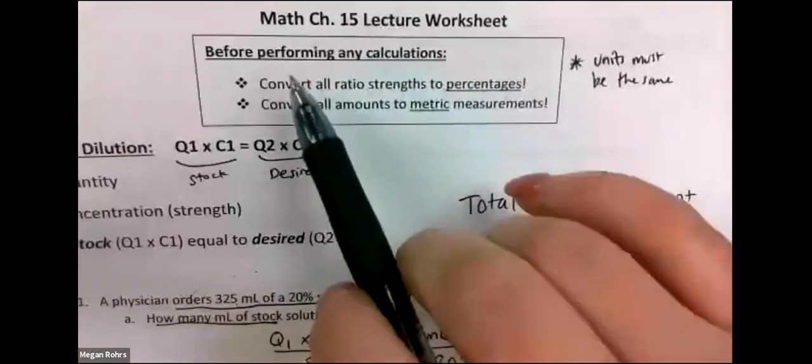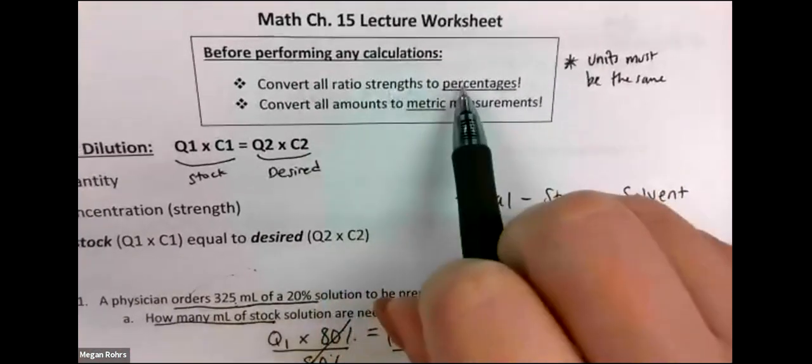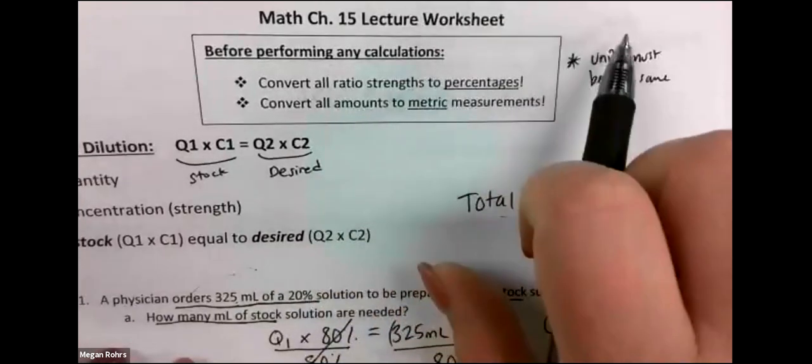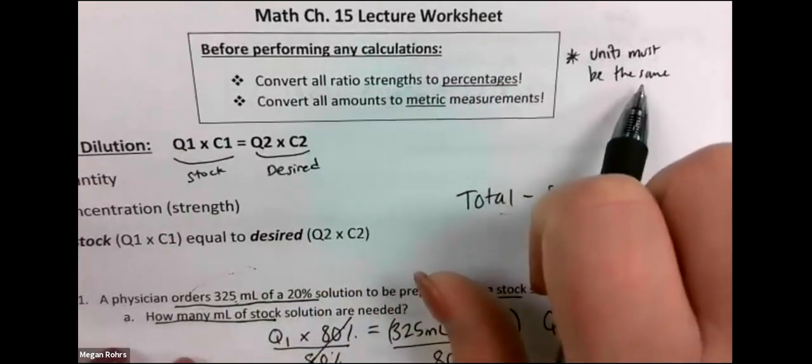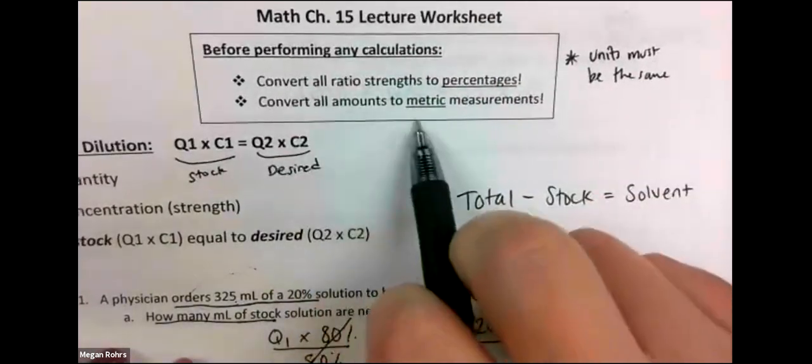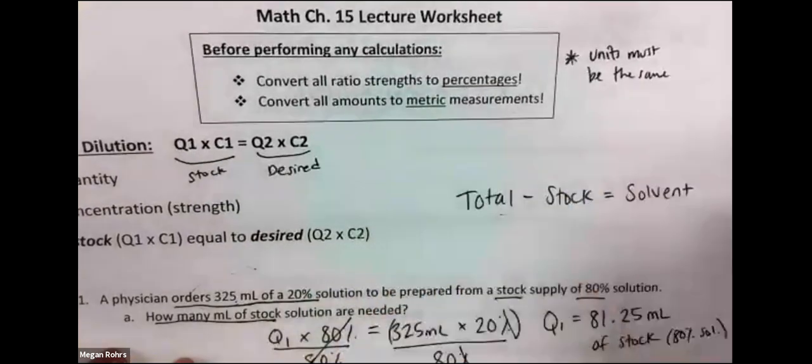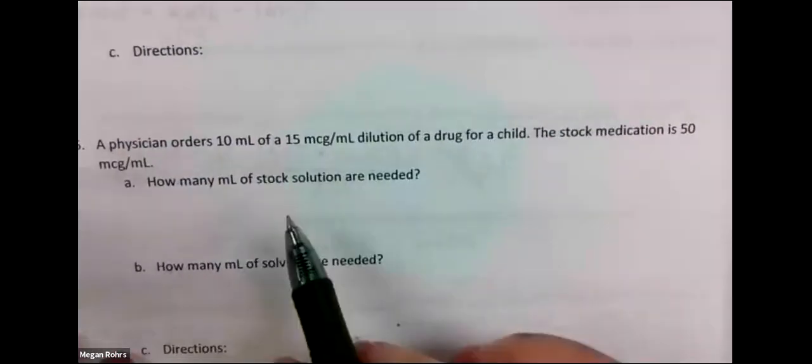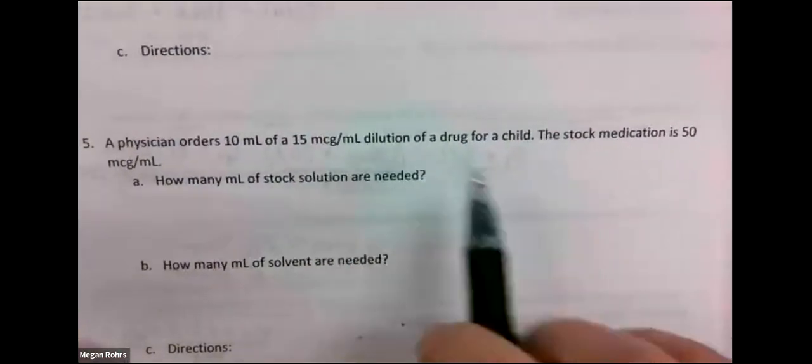So remember, number 1, convert ratio strengths to percentages and make sure our units are the same and that everything is in metric measurements, okay? So if we look at this one, these are not in ratio strengths.